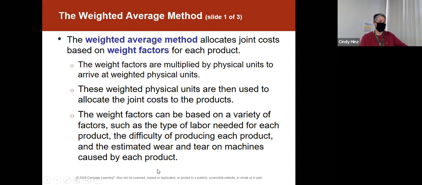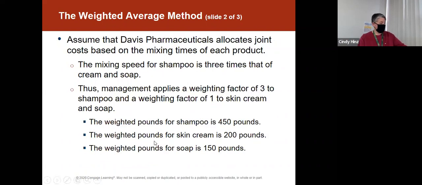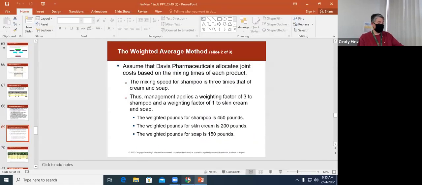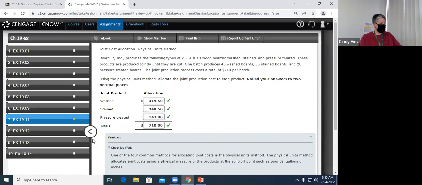You can see down here in the final bullet point some of the factors that might influence the weights that we apply. Type of labor needed, difficulty of producing each product, estimated wear and tear on machines caused by each product. So some products might be harder, and so they cause more wear and tear. And so we'd want to assign them more cost. Okay. So we're not going to go through that example. We are going to go to our exercise.